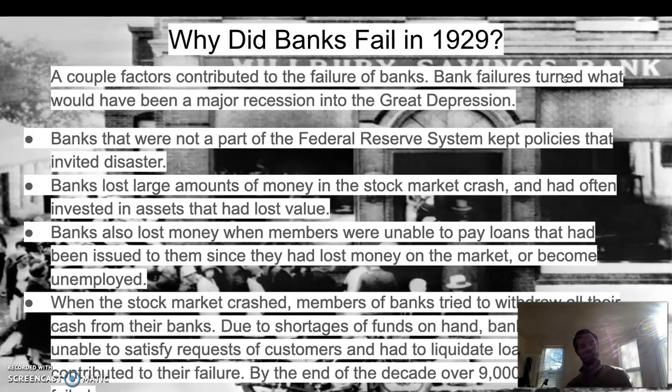So a couple things contributed to this. The first is banks that were not a part of the Federal Reserve System kept policies that invited disaster. The Federal Reserve System had really only started to become popular in 1914, and before that, and also the banks that existed outside of the system after it, had these policies that weren't super well regulated. One of them was this practice that would lead to artificially high valuation of assets in the bank.